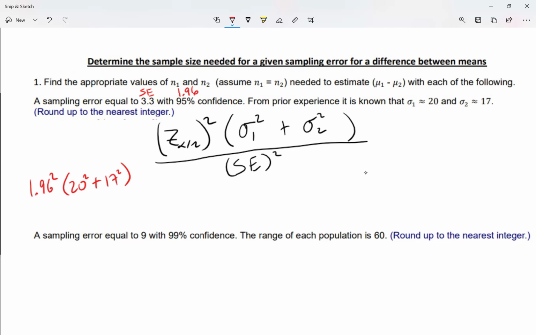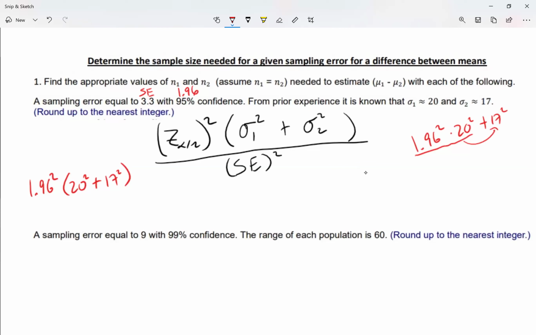If you just write it without parentheses, times 20 squared plus 17 squared, your calculator will do the multiplication and then the addition because it follows order of operations. That's why I'm saying make sure you use the parentheses, because you want the calculator to do addition before multiplication.